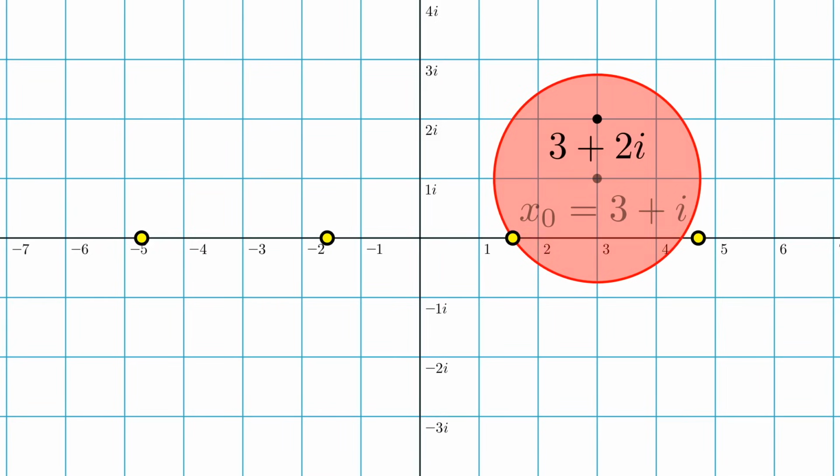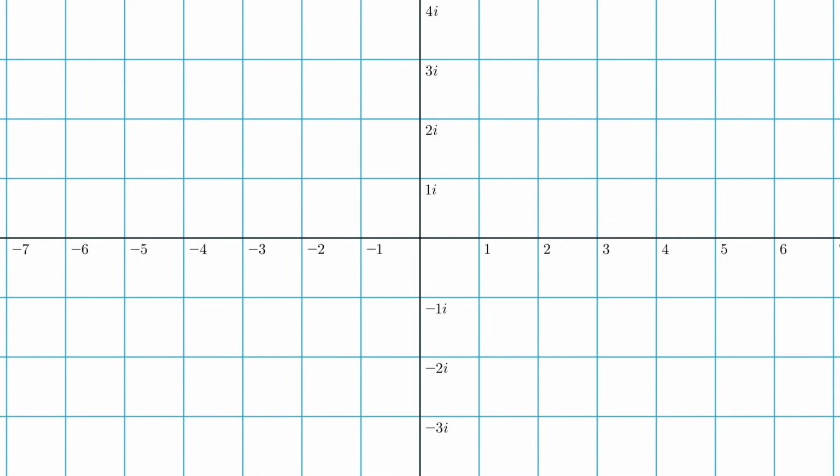This is particularly interesting in the case of the zeta function, which, remember, we originally only defined for real inputs greater than 1. It turns out that the asymptote at s equals 1 is the only singularity of zeta of s. So if I pick some point here like 2 and write down the Taylor series of zeta of s at 2, then that allows us to define zeta in this disk.